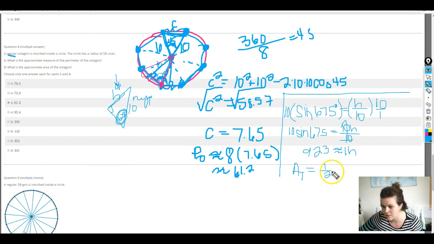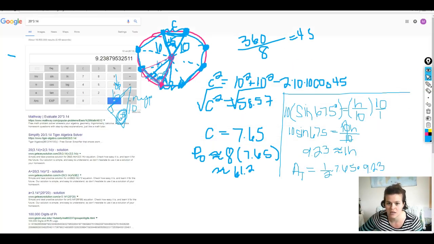So it is going to be 1/2 times 7.65 times the height, which we found to be approximately 9.23. So I'm going to type that into our calculator, and we have 1/2 times 7.65 times 9.23. It equals 35.30.